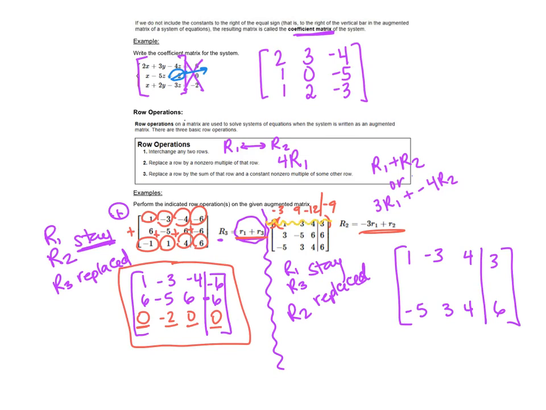I'm going to use my -3 times row 1 to add it to row 2. So -3 plus 3 gives me 0. 9 plus -5 gives me 4. -12 plus 6 gives me -6. And -9 plus 6, sorry, I wrote all over that, gives me -3.